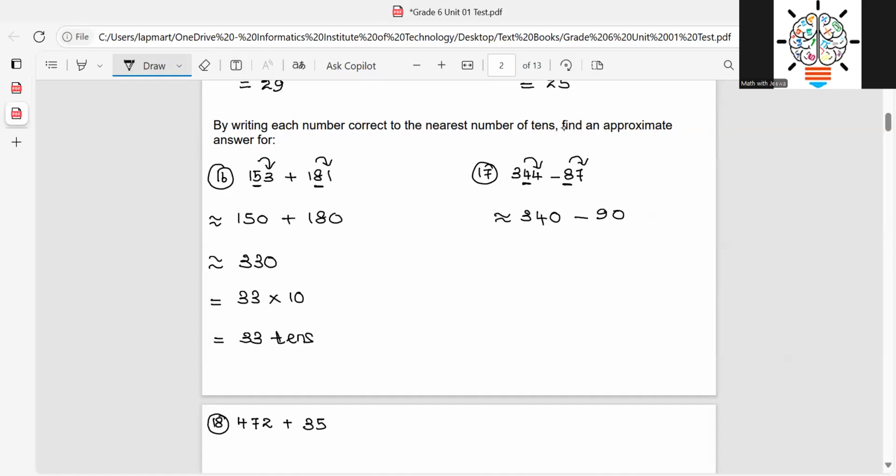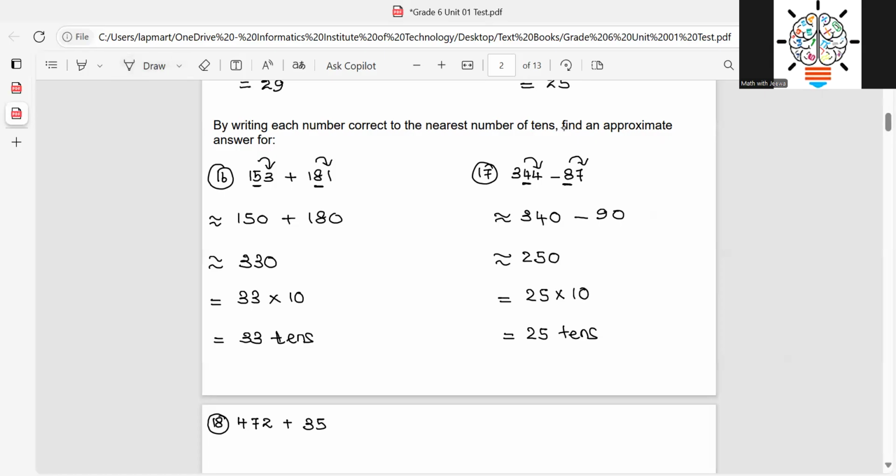So then 340 minus 90, it gives me 250. So then it is 25 into 10, and this is 25 tens, right?